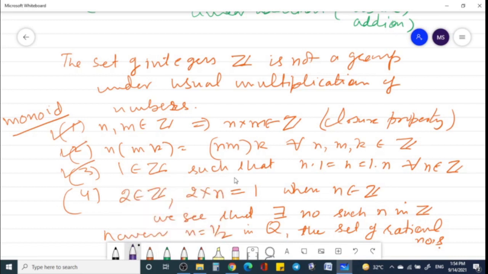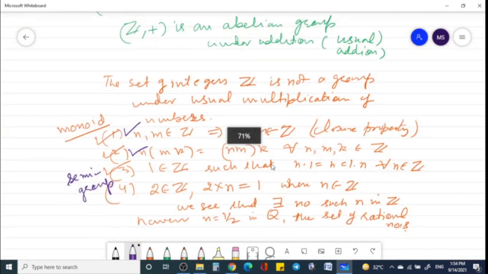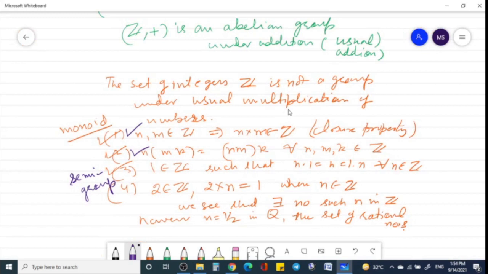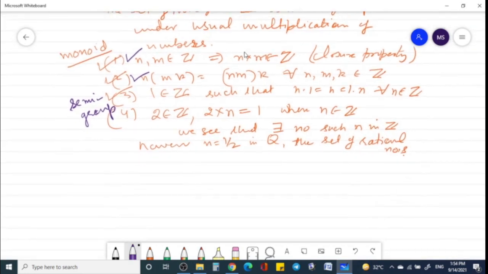And a structure that has only two properties, the first and second, meaning closure property and associativity, is known as a semigroup. So in this video we have learned about group, its definition and one example, the set of integers. That is a very important example.